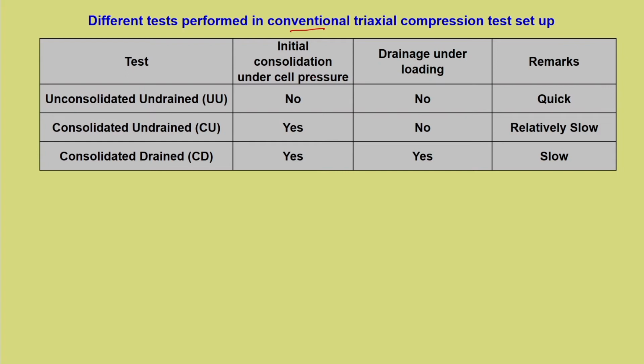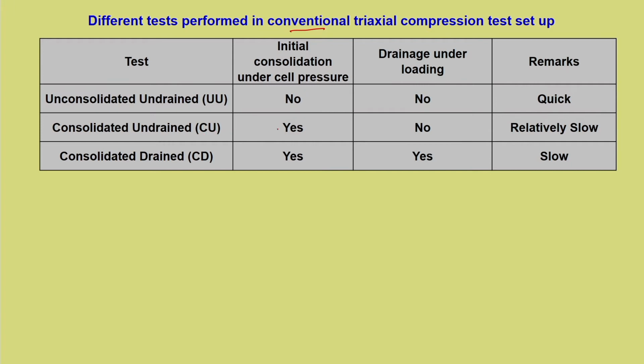Whether there is initial consolidation under cell pressure: for the UU test, no. And whether drainage happens under loading. Loading means both cell pressure as well as the axial stress or the deviatoric stress. So, there is no drainage happening.